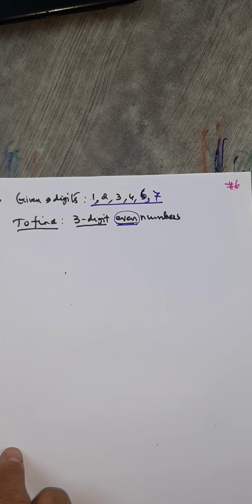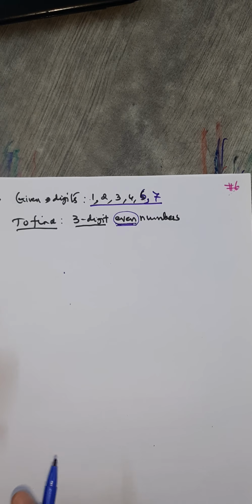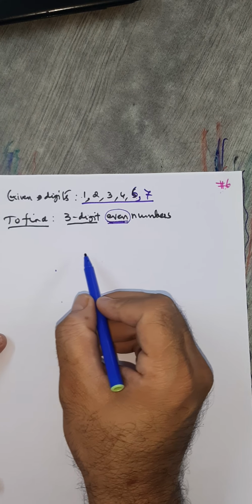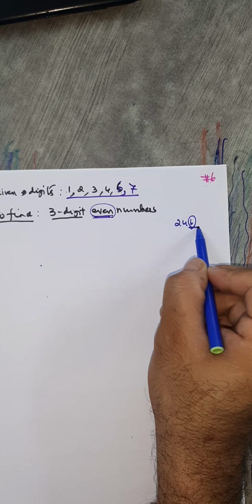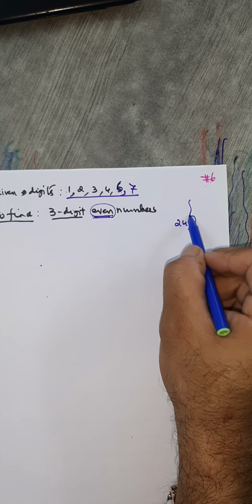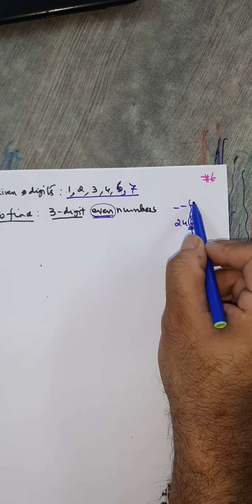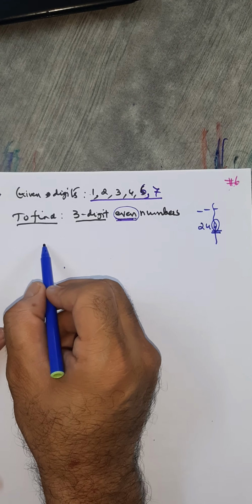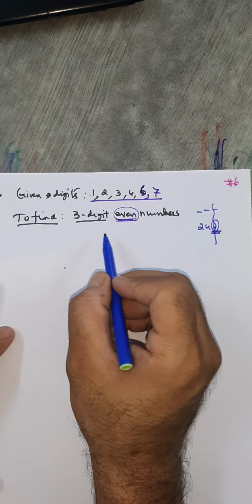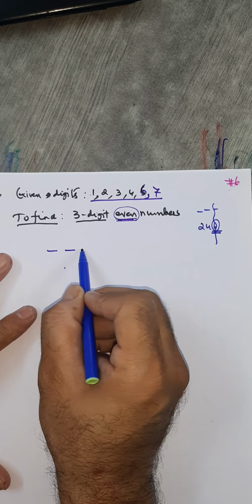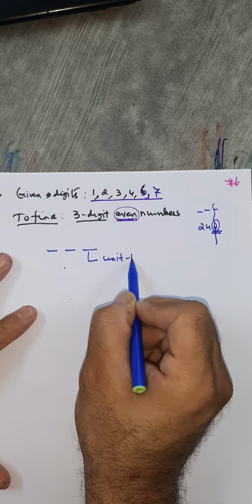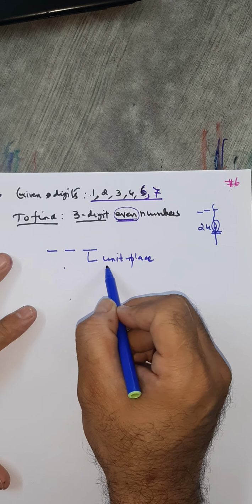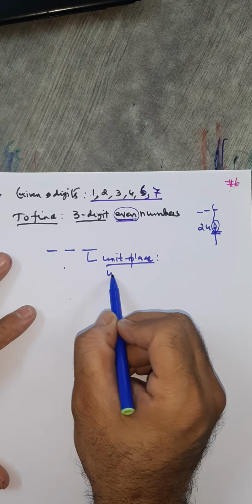Okay, now you know that when the number is even, you have even number at the unit place, right? You know this 2 4 6, so that unit place you must have even number. If I have this, then this should be even number. You want 3 digit even number, so you want to fill up 3 positions. So this unit place should be filled up with even numbers.